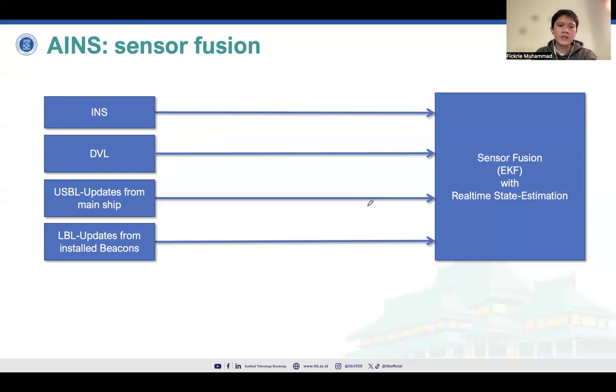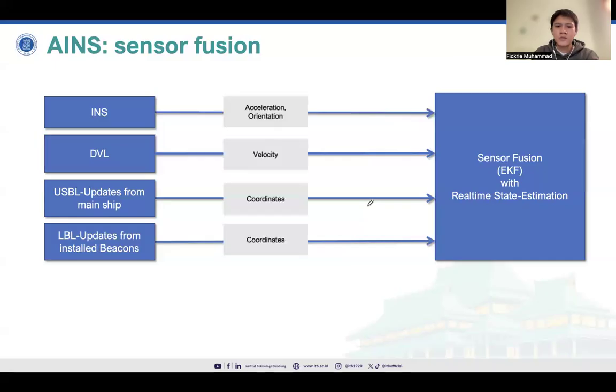For example, here the INS should be integrated with DVL or USBL updates from the main ship, or LBL updates from installed beacons underwater. Then we do the sensor fusion with either a Kalman filter or extended Kalman filter with real-time state-based estimations. The INS provides the accelerations, orientations, and positions, the DVL provides the velocity, and the acoustic position systems provide the coordinates, and we fuse all of them together to provide better real-time state estimations.